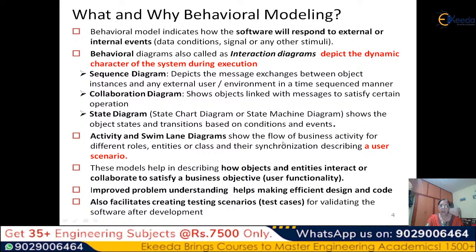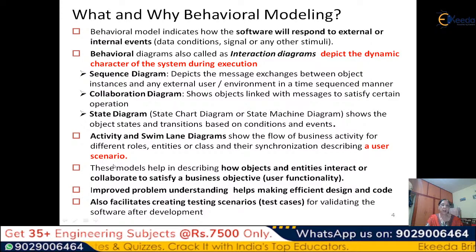And as a synchronized business operation, they will describe a user scenario, just like we described the user scenario in terms of use cases. Similarly, using activity and swimlane diagrams, we will give the details of the flow of a business activity or a business operation.